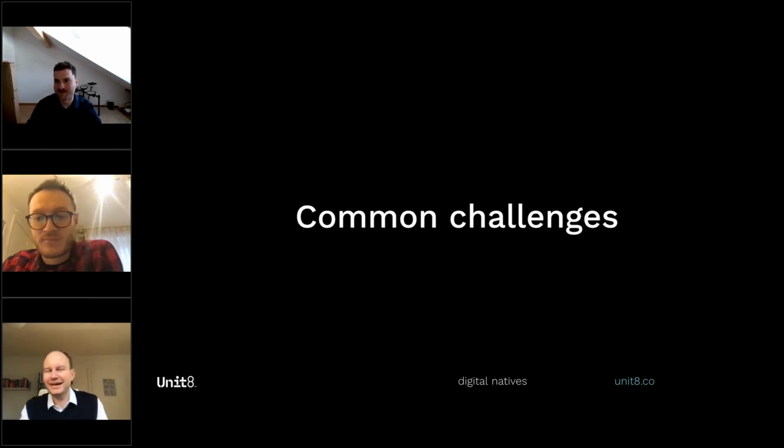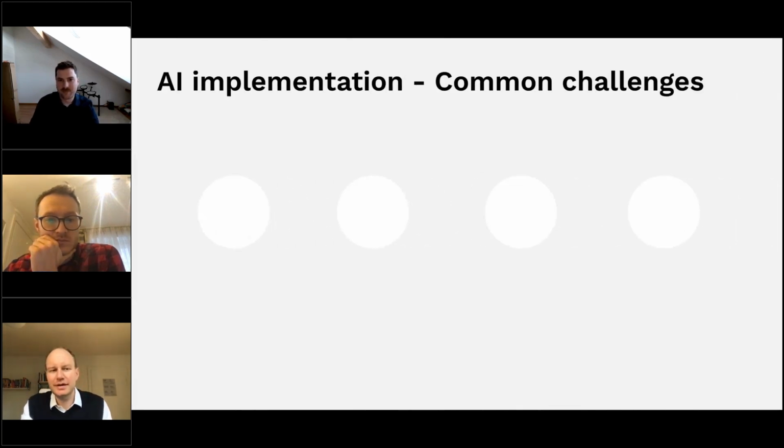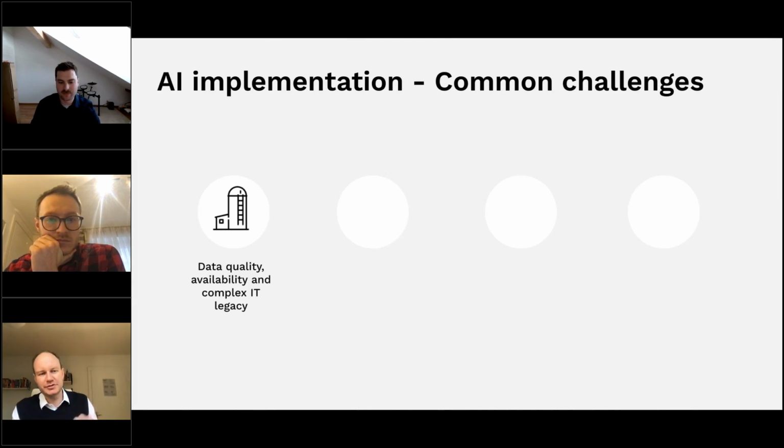I'd like to take over again and discuss briefly some of the common challenges that AI practitioners often face in an industry context. Challenge number one is data quality, because if the data is not available at a high enough quality, and there are maybe suboptimal, very old IT systems, then that can often be a roadblock, because data really is at the heart of AI adoption.